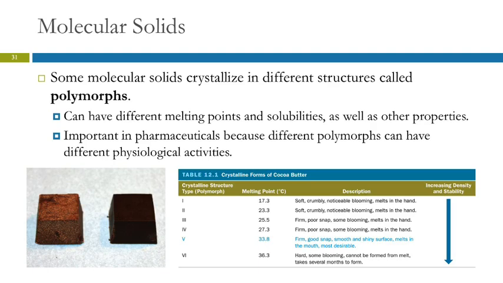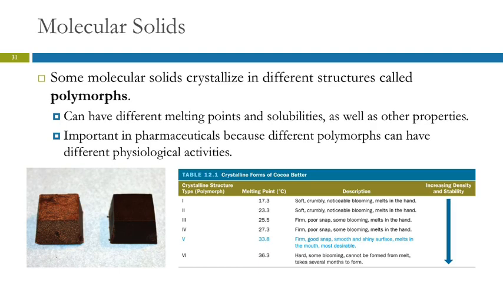You'll get that in lower quality chocolate, especially stuff that's been sitting around, maybe not stored properly. Making chocolate candy, there's actually a lot of art to it as well as science. It's not a simple matter because there are 6 different crystalline polymorphs of cocoa butter.